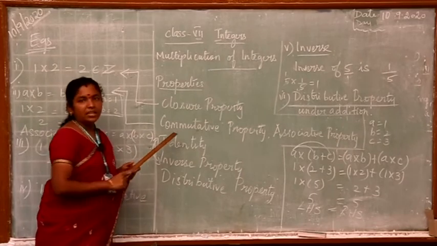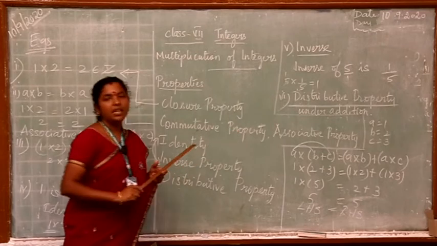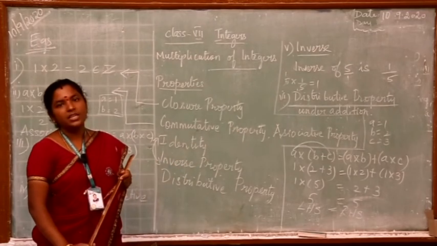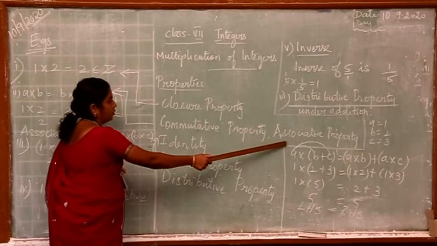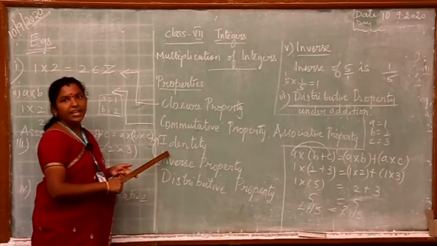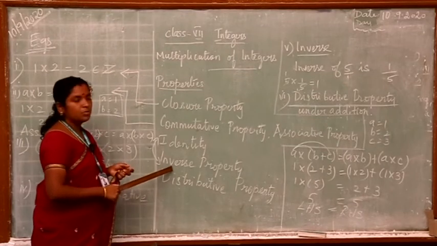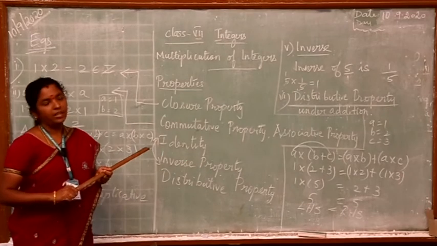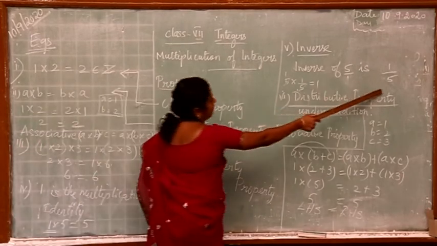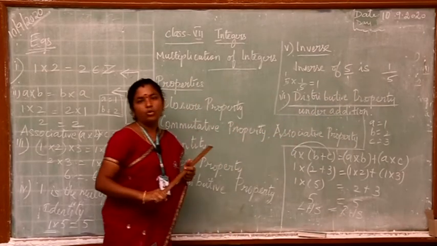Commutative property means A cross B is equal to B cross A. Associative property means A into B into C is equal to A into B into C. Identity means the multiplicative identity is 1. Inverse property means the inverse of any number is its reciprocal. If we have 5, it is 1 by 5, and the inverse of 1 by 5 will be 5.